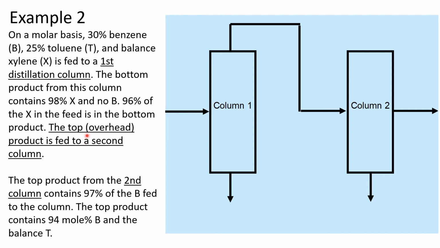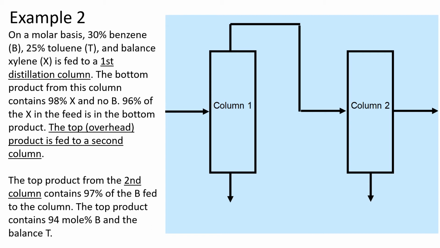And we're told that the top or overhead product is fed to a second column. And you can see the column here. The top product comes out and is fed over to a second column. And the last part of the problem description that is relevant is that we do have a second column. And so the underlined sections here allow us to draw the structure for this process without labeling the streams.